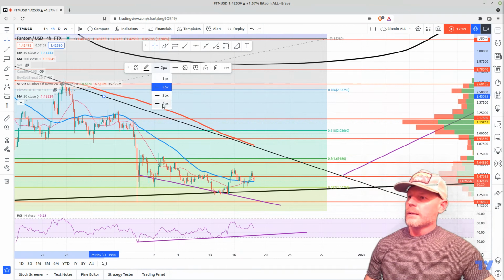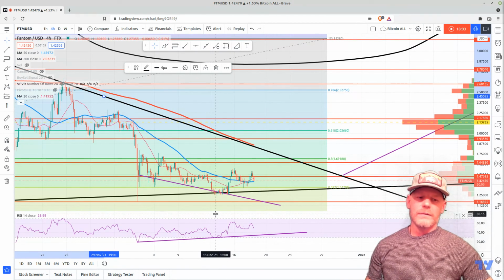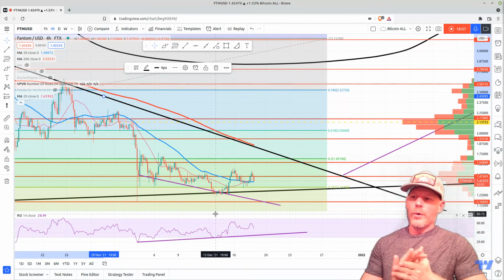And we have this bullish divergence. We have the 20-day moving average crossing the 50-day. And we're hovering right on the 20-day, which is starting to push up as well. All of this is signifying that Fantom is getting ready for a bull break.